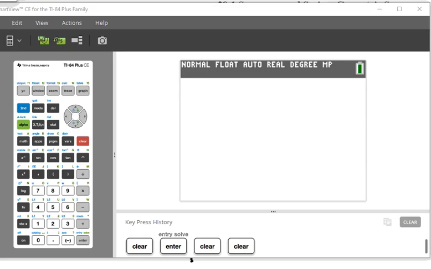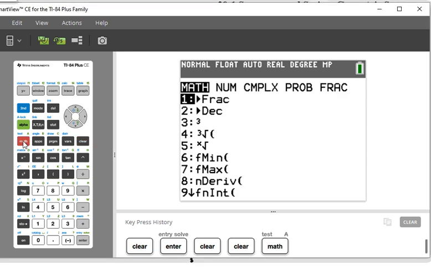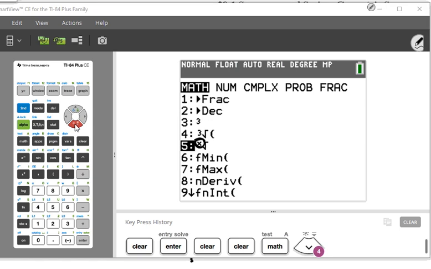All right, so if I want to cube root something on my calculator, I want to hit the math button on the left side towards the top. And then I can see that if I want to cube root, I can hit number 4, which is cube root. Or for the previous question where I wanted the fourth root, I can hit number 5, because that allows me to put in the index of 4.